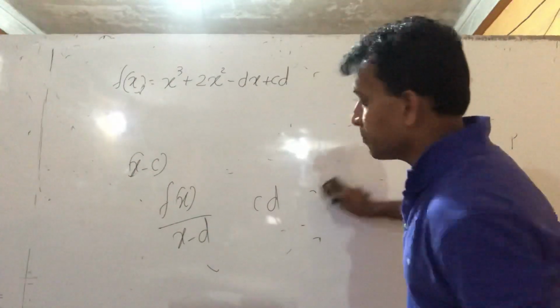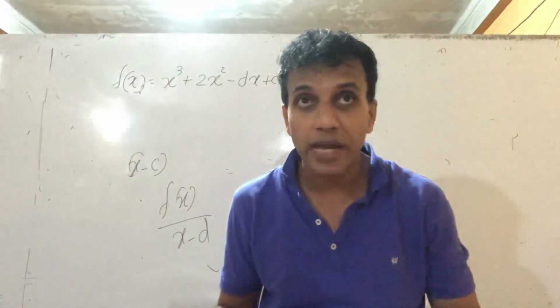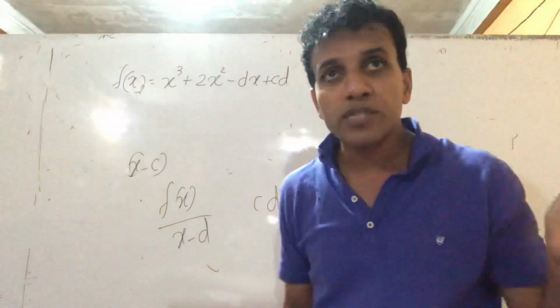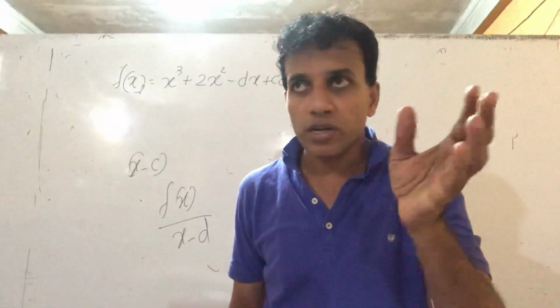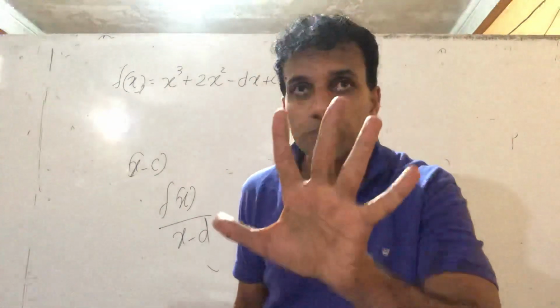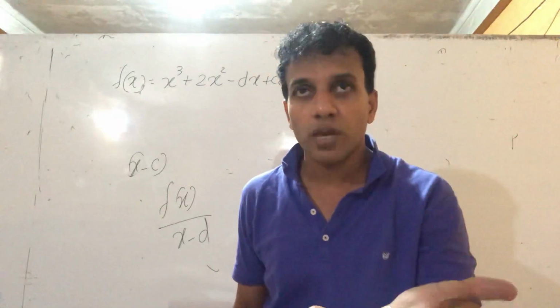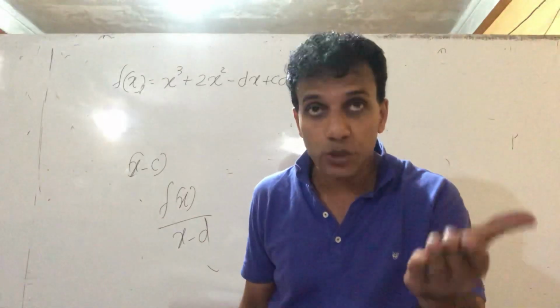So they said there are two pieces of information given. First, x minus c is a factor. So what is the factor theorem? See my previous question. If x minus 5 is a factor, then f of 5 is 0. If x minus 2 is a factor, then f of 2 is 0.